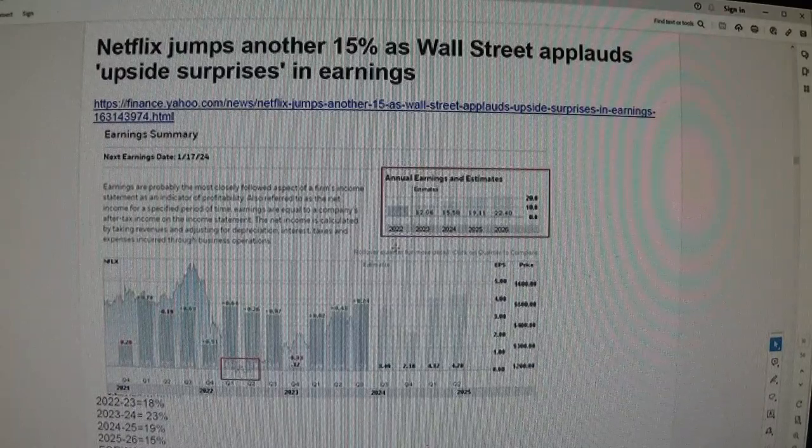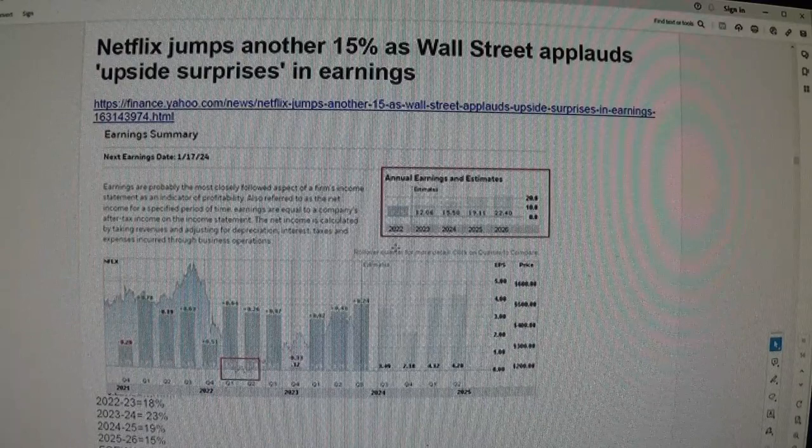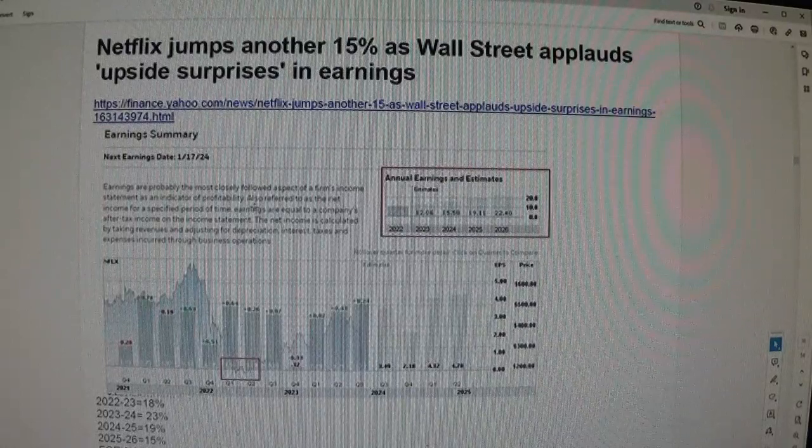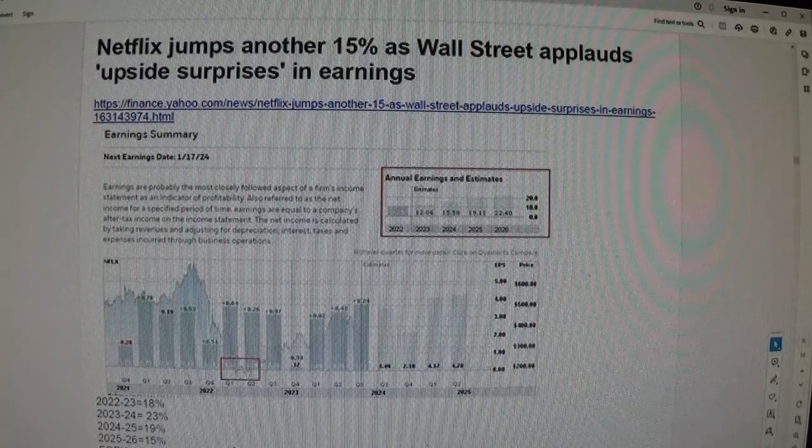So it turns out that if you pay for the full subscription, they're actually raising the prices on that, which is good. And on top of that, the ad-supported model is doing good too. So those are the catalysts for it to continue growing.